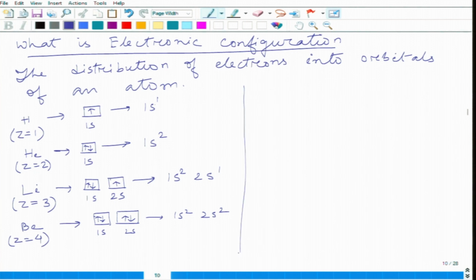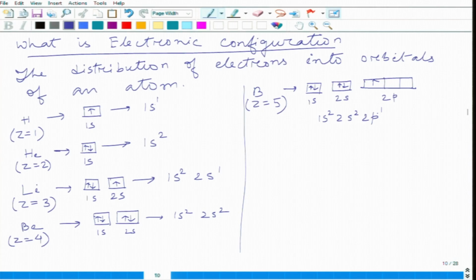Now, boron with Z equal to 5. We have 2 electrons in 1s and 2 electrons in 2s. Now there will be 2p. It will have 3 orbitals, and 1 electron is filled. So the configuration will be 1s2, 2s2, 2p1.